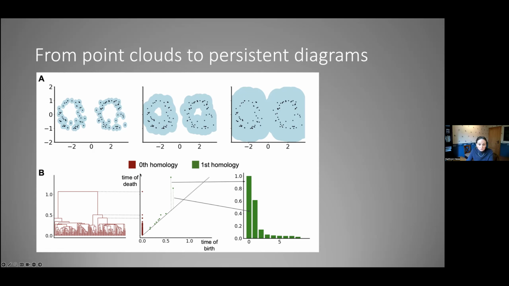And on the y-axis, you have the time of death, which is the radius of the balls at which they've just filled in this gap and the circle disappears. So these 2 points correspond to the fact that you have these 2 circles that appear at some radius when all the little balls are joined together. And then at some point, the hole in the middle is filled up and those classes disappear. And that's what these are.